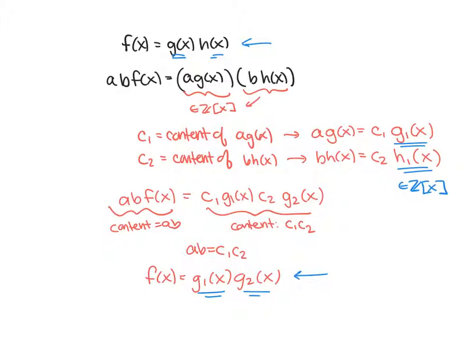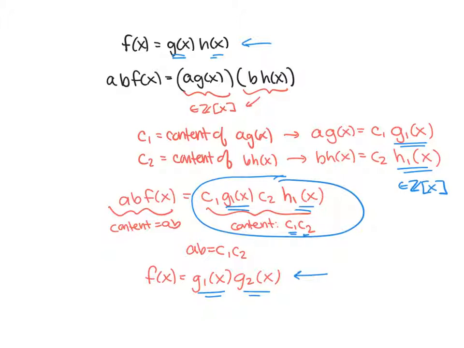Another piece that I glossed over is at this step right here, when we argued that the content was C1 C2, we argued that because G1 H1 is primitive. Now, I'm saying G2 when it should be H1. Sorry about that. Let's fix that.